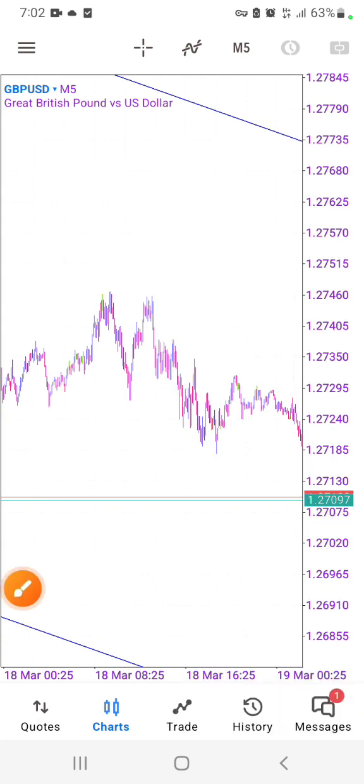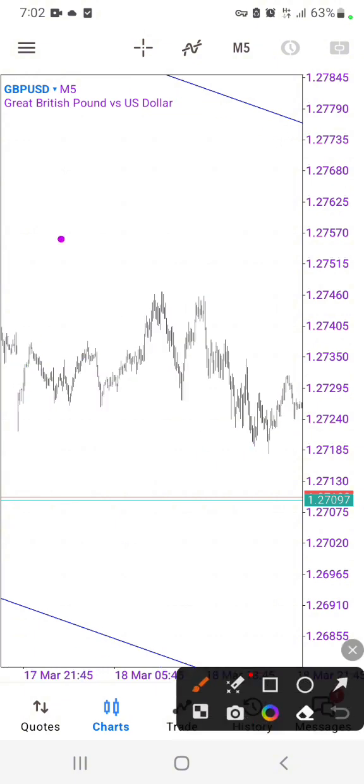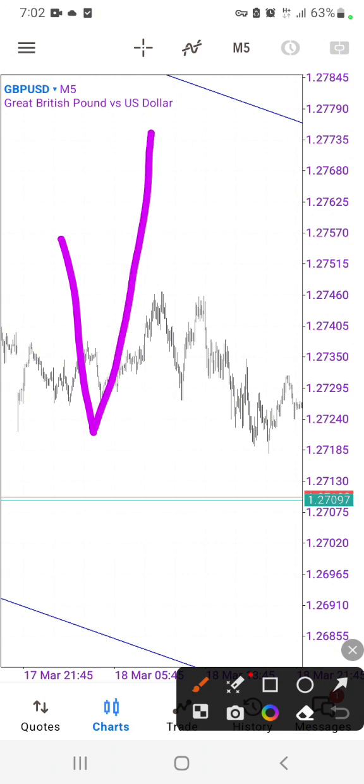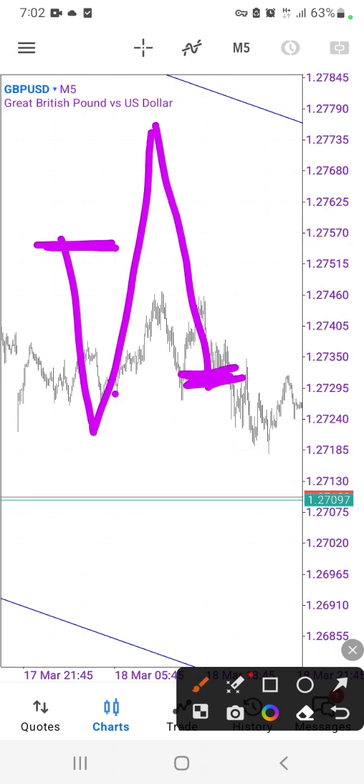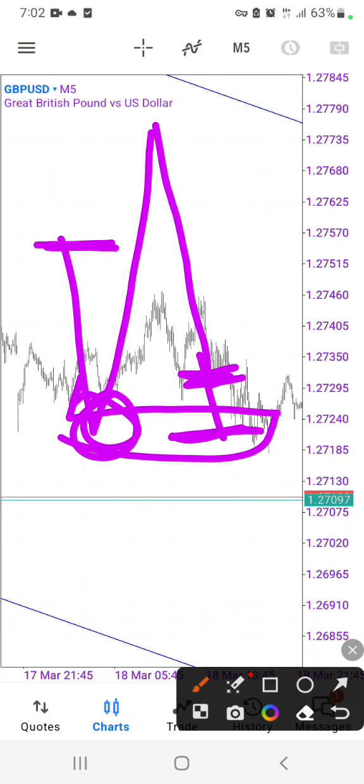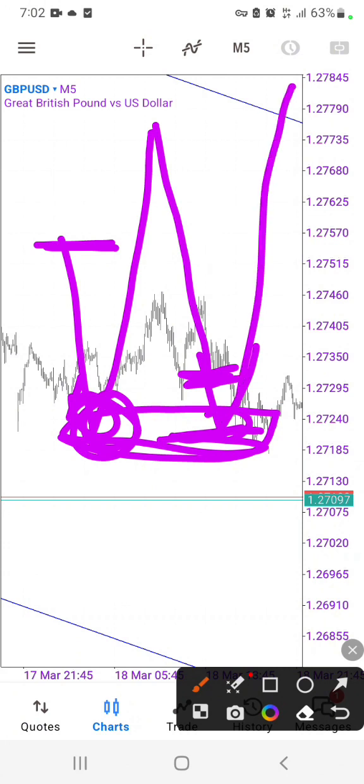We don't look at the opposite: the market is making lower lows, comes and breaks, and then we wait for the market to come back and mitigate the order block which is here, or retest this structure to make a double bottom or a double top, and then the market reverses.